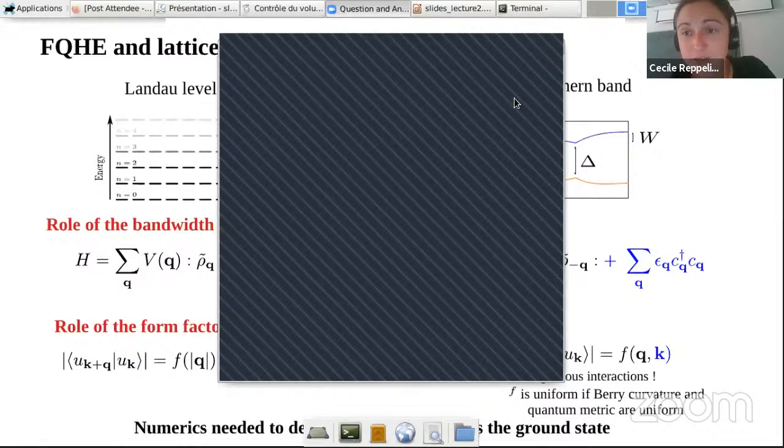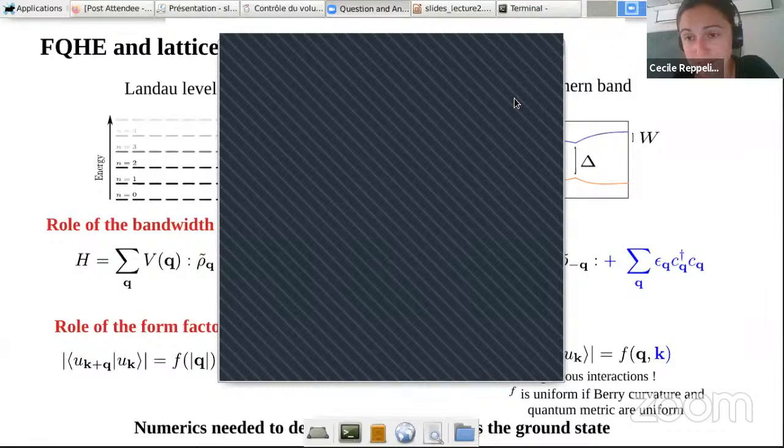Yeah, I haven't really specified anything for now. The only time that I showed you numerics was the previous slide, and I took an unscreened Coulomb interaction. Then you can take what you want. This is a phenomenon, I'm talking about the fractional quantum Hall effect, that is very robust.